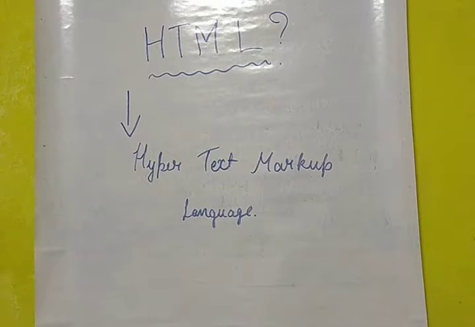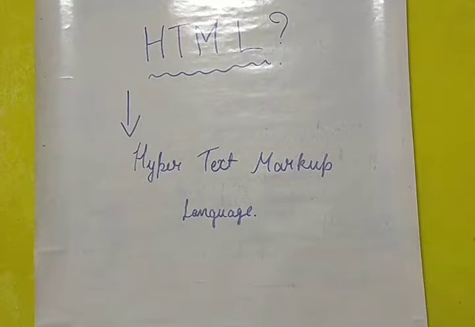Students, language symbolizes that HTML is a kind of computer language. Whenever we type something in the web browser, or in the internet or anywhere, the language which is used, the format which is used, that language is known as HTML, which stands for Hypertext Markup Language.